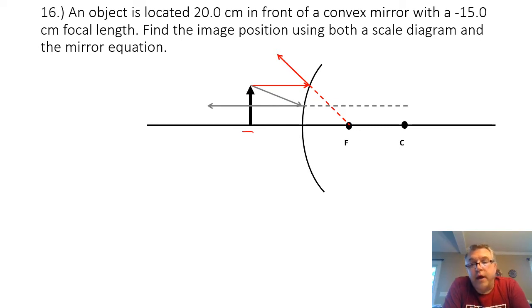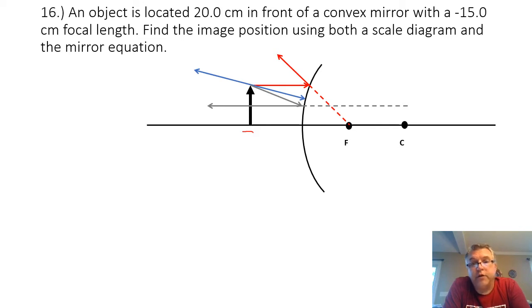My third ray that I can draw is if I line my incident ray up with the center of curvature. So my incident ray from the tip of the arrow is lined up with the center of curvature. When it strikes the mirror, it's going to strike at an angle of 90 degrees, and according to the law of reflection, it's going to reflect back on itself.